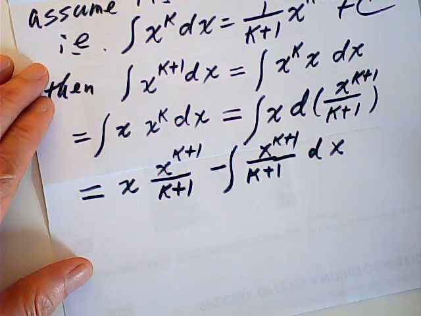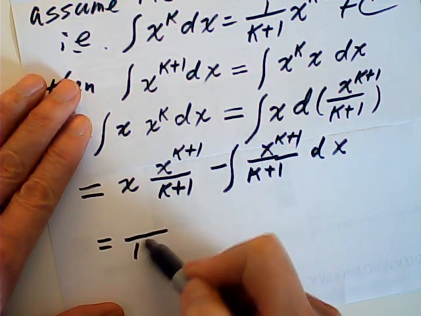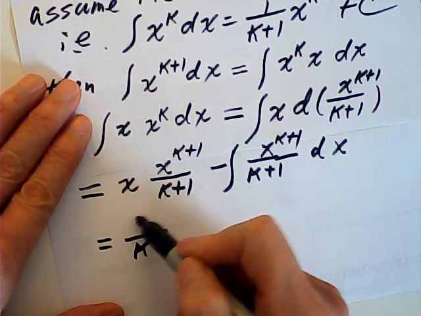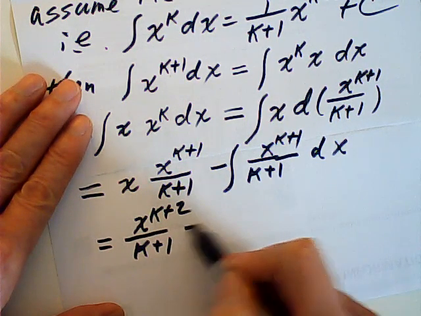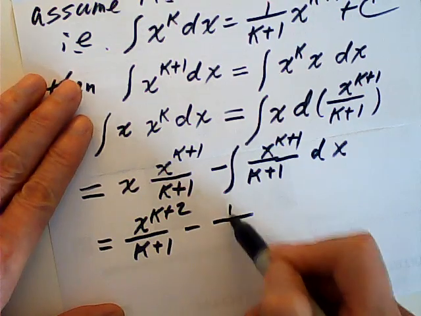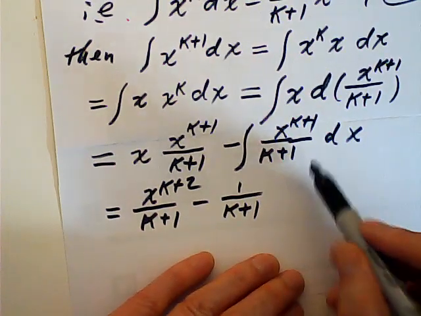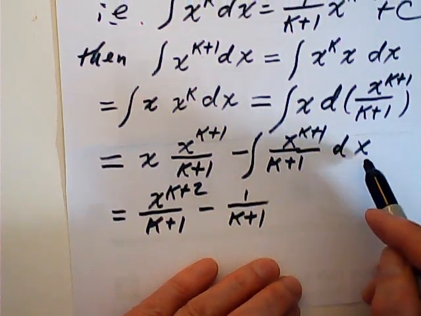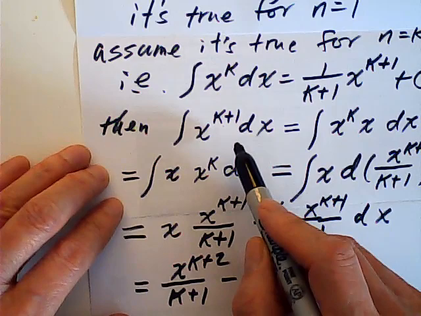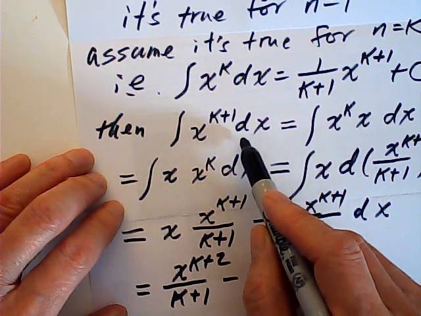Okay. So this one is equal to 1 over k plus 1 times x to the power of k plus 2, minus 1 over k plus 1 times the integral of x to the power of k plus 1 dx, which is my integral to start with.